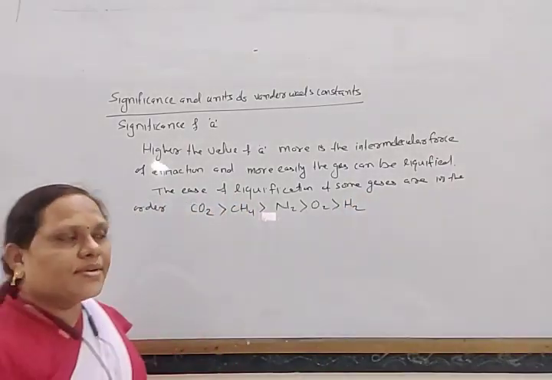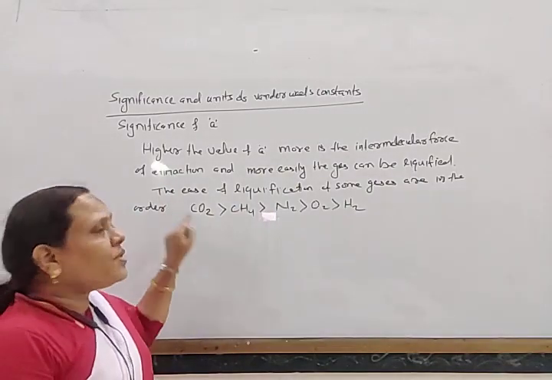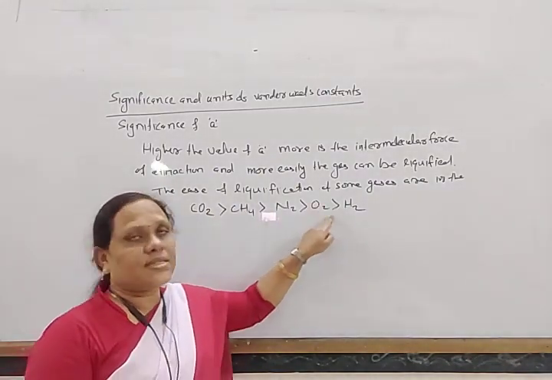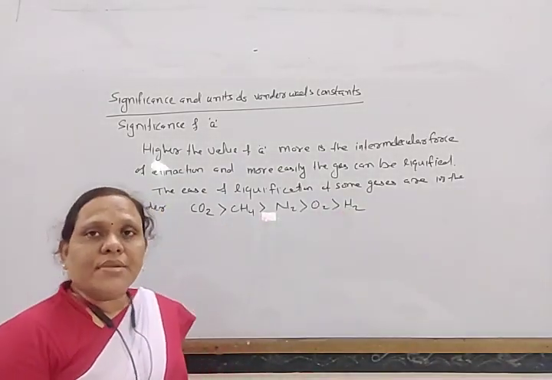If some gases are given, then from this list confirm that carbon dioxide has a higher value of a than methane, then nitrogen, oxygen and hydrogen. In this way the gases can be liquefied.